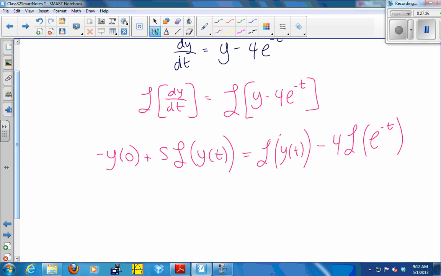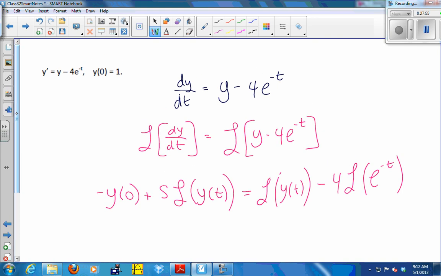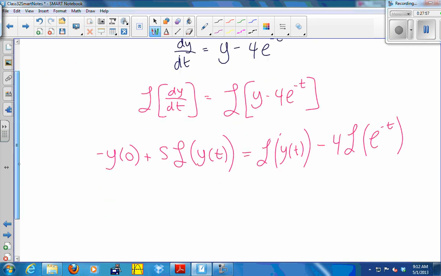All right, so remember that the thing I'm looking for is the function y of t. So in this equation, I can solve for the Laplace transform of y of t. That's going to be my unknown in this equation. And negative y of 0 I can replace. I know what y of 0 is because it's in my initial value problem. It's a 1.